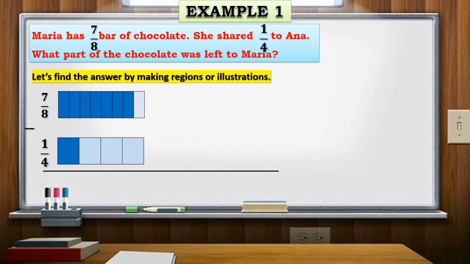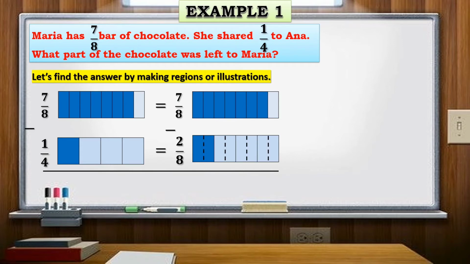We cannot subtract 1/4 from 7/8 because they don't fit with each other. So it must be the same number of cuts of boxes. So what we are going to do is, this 1/4 becomes 2/8. And now it fits with 7/8. We can subtract them now.